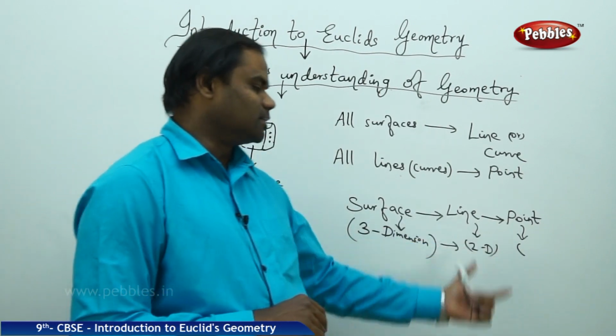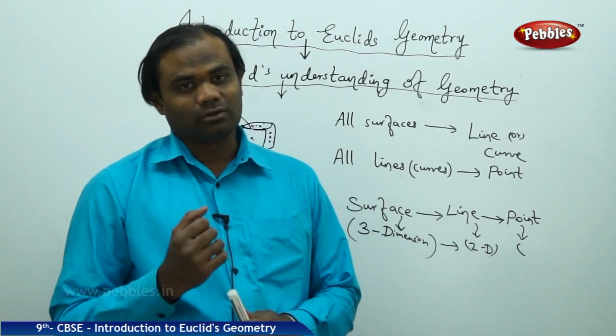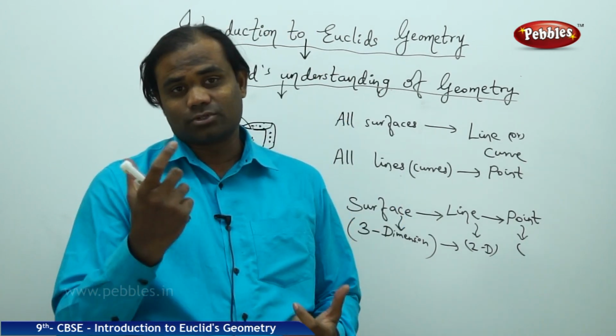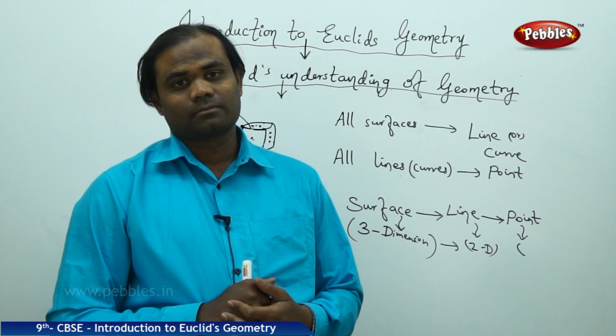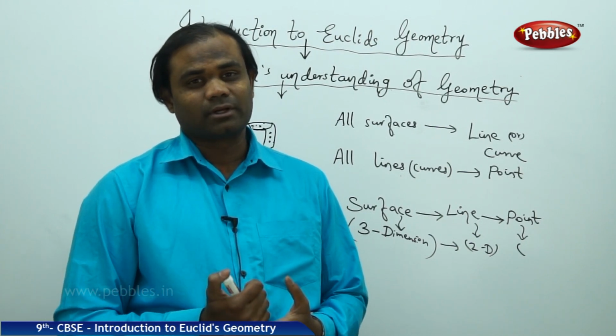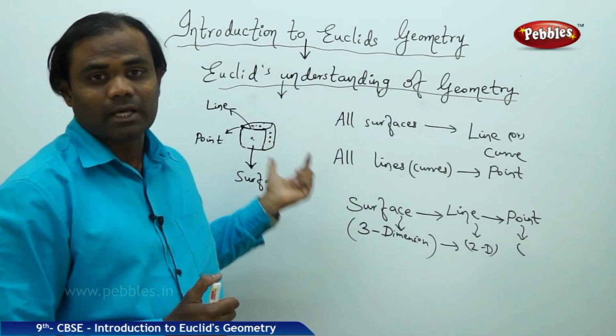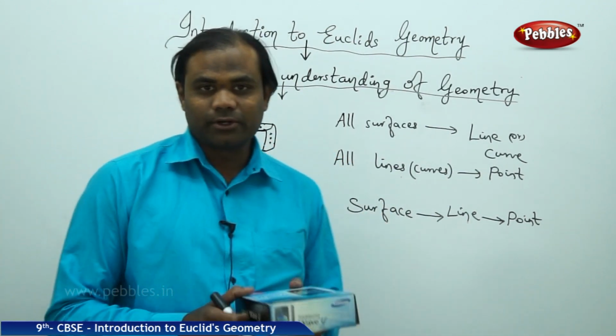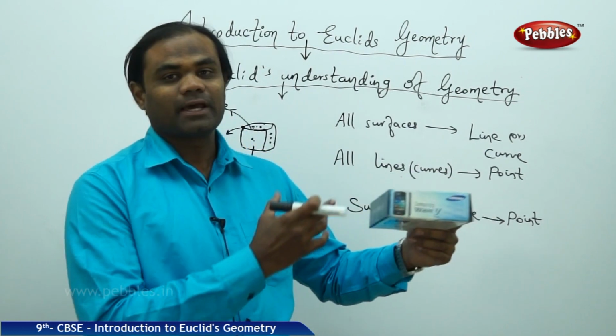So before we understand this, let's try to understand how dimension is understood through the solid structure. Euclid's geometry connected with a rolling die. Now let's understand Euclid's geometry through a three-dimensional object, just like a dice.